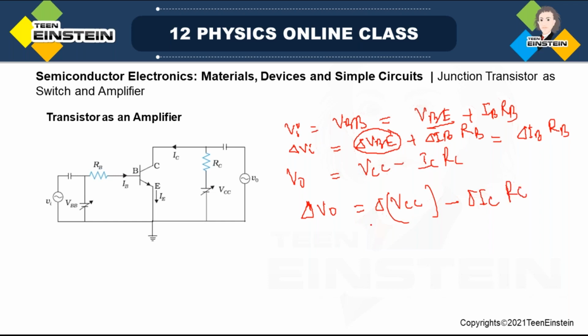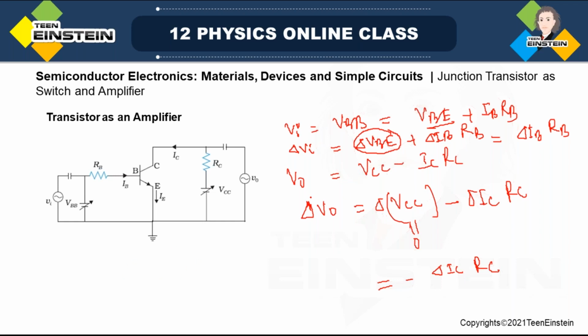Look here, you can see from this that the VCC voltage doesn't change, so I can take this as 0. Then what I get is minus delta IC and RC.